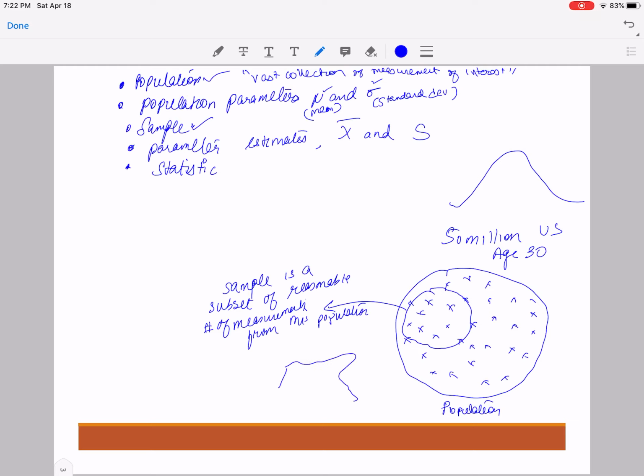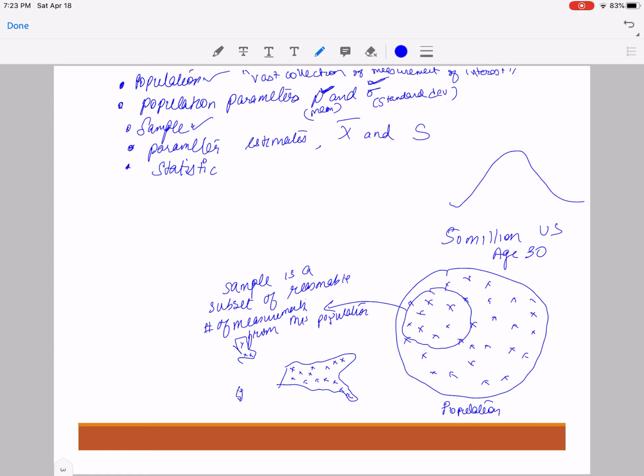So for example, if this is my United States and here is Alaska and here I have my Hawaii Islands, I can take weights of certain individuals that are spread across the United States, and I can create a sample of 1000 such individuals and use this sample to guesstimate or to understand how the population mean and standard deviation may possibly look like. So that's what a sample is. It's a small subset of the entire population, and it is a collection of a reasonable number of measurements.